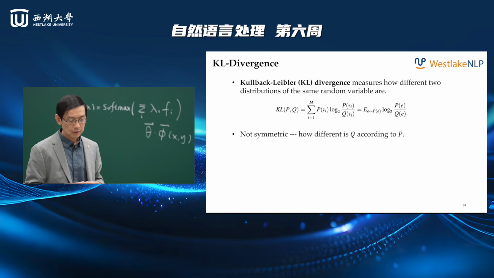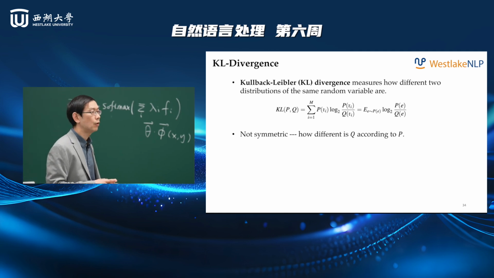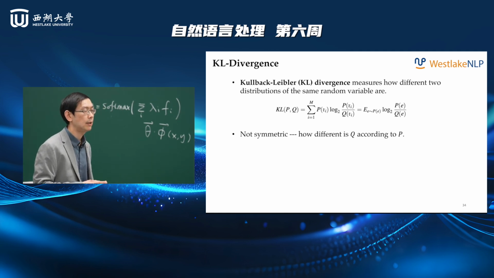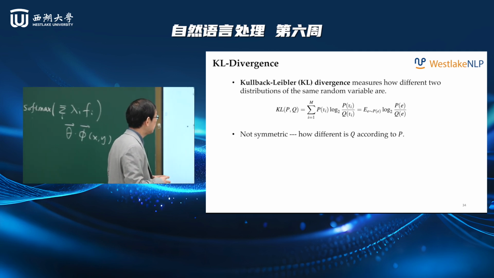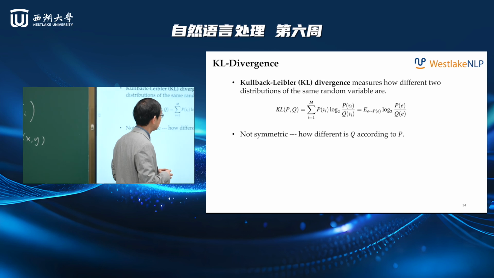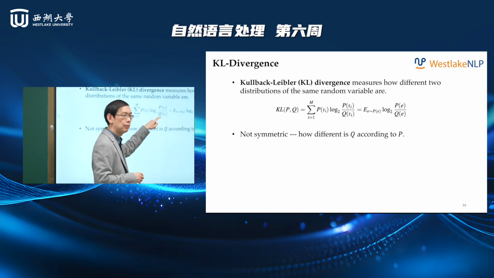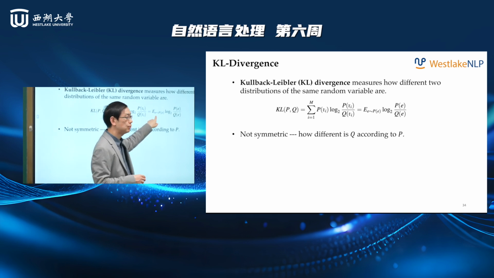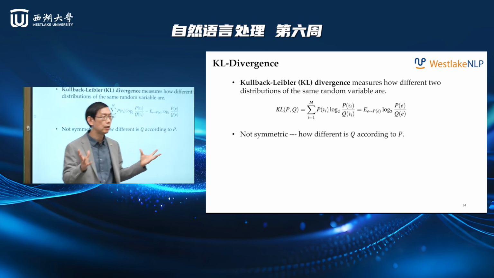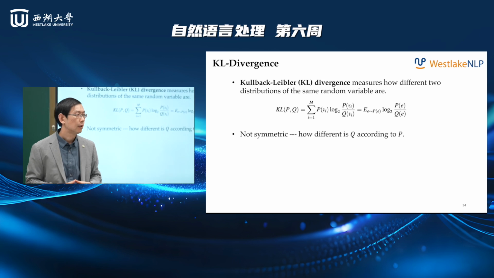All right, so this is a measure. Or you can find that this is a mathematical expectation as well. The random variable I use is the same between P and Q, and I'm using the probability distribution P to do the mathematical expectation.